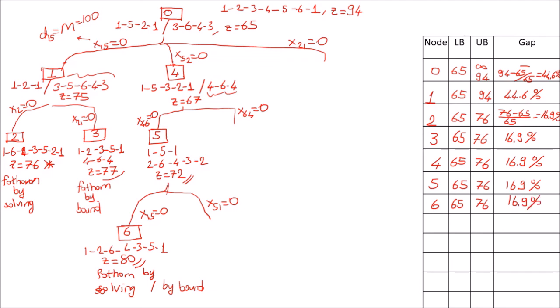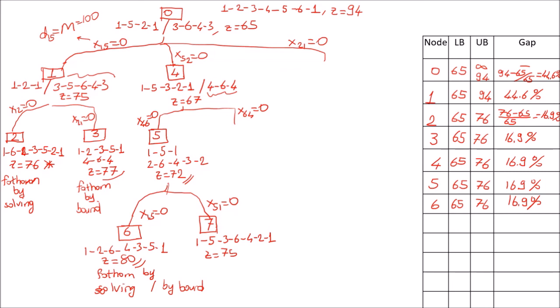It is 16.9. According to depth first search rule, we have node number 7 over here, and when we solve it, we obtain this solution 1, 5, 3, 6, 4, 2, 1, and its Z value is 75.